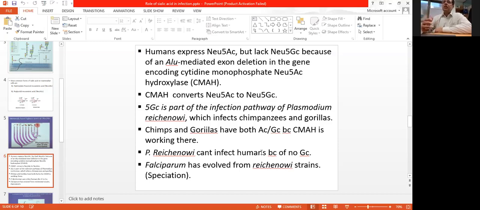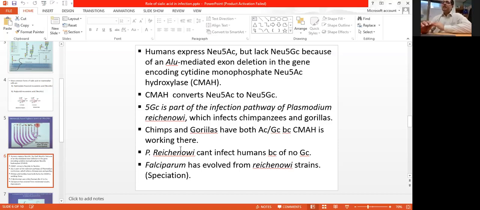hominins, got resistance to being infected by this reichenowi, the parasite started changing its strategy because it was allowing Neu5Gc for entry into the RBCs of infected species.